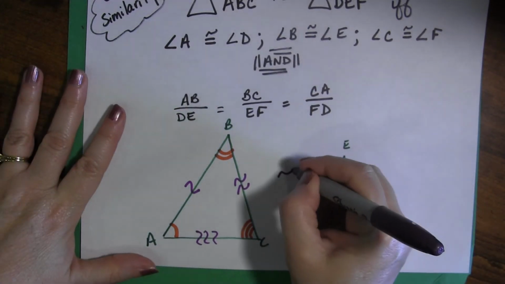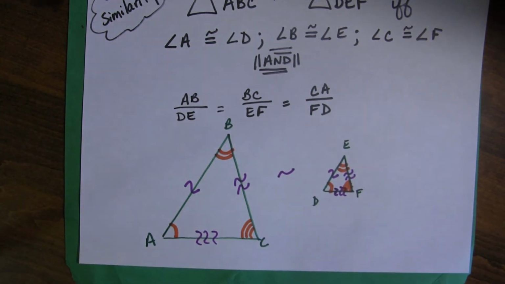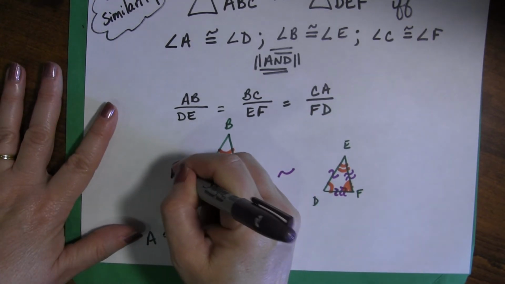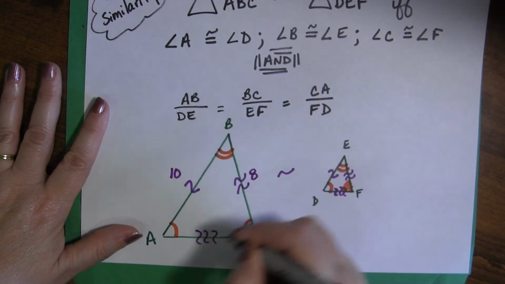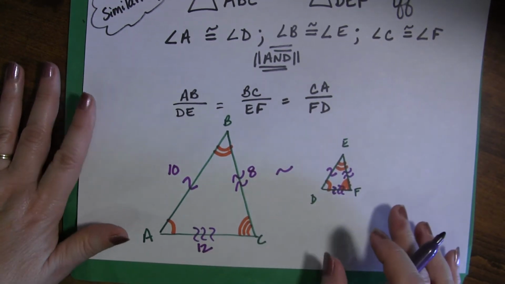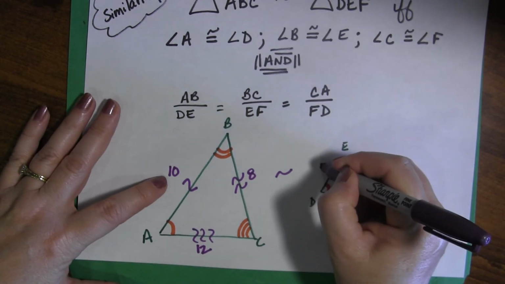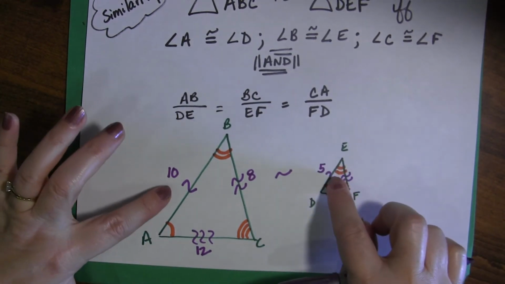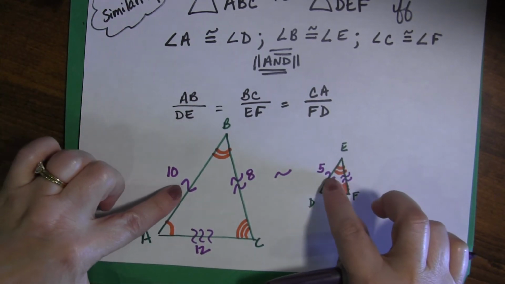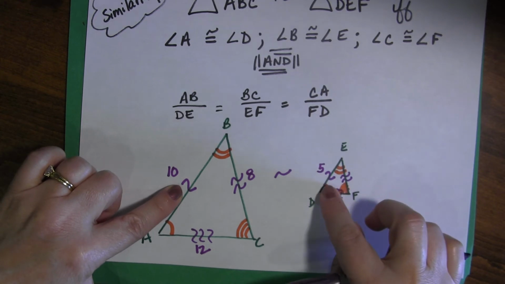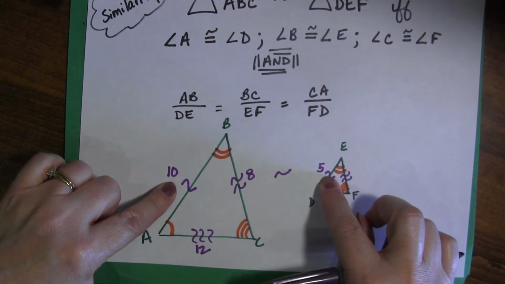So let's just put some numbers in here so that you can clearly understand what I'm talking about. Let's say that this is measured 10, 8, and 12. Okay, just go with me. Pretend like that's the case, right? If this over here is a 5, we know that these two lines, because we know that the triangles are similar, are in proportion to each other. And sure enough, you take this number and you cut it in half and you get this number over here, right?